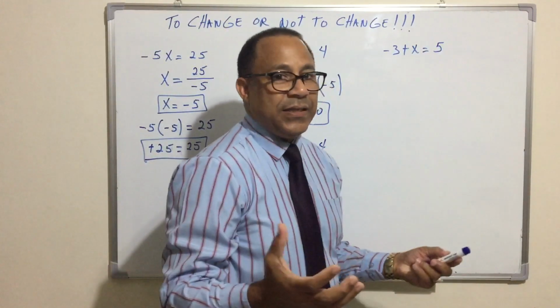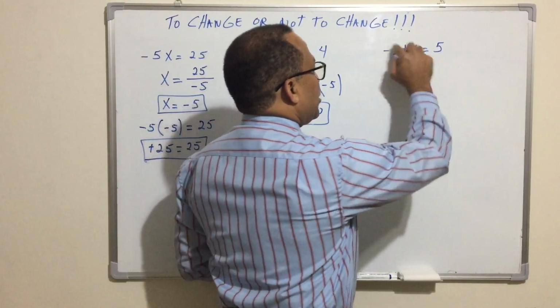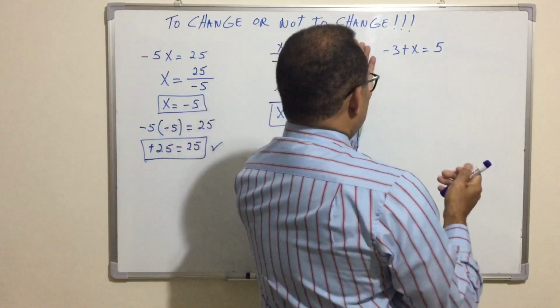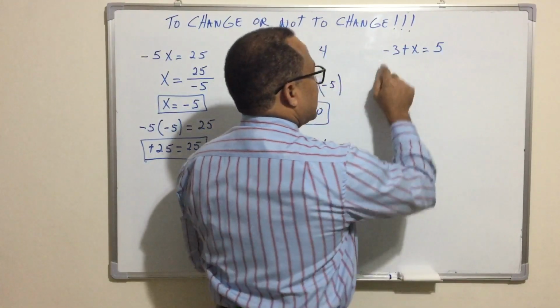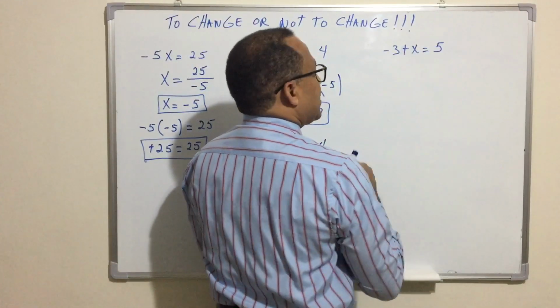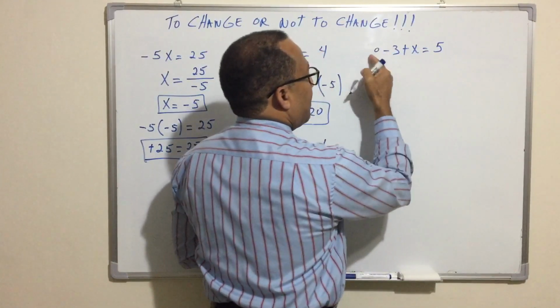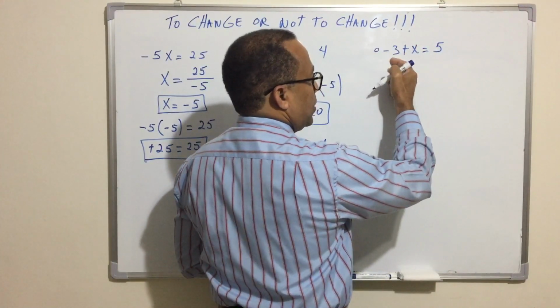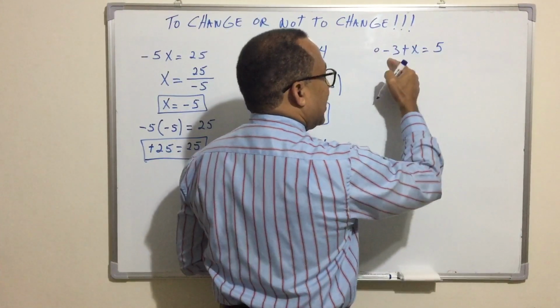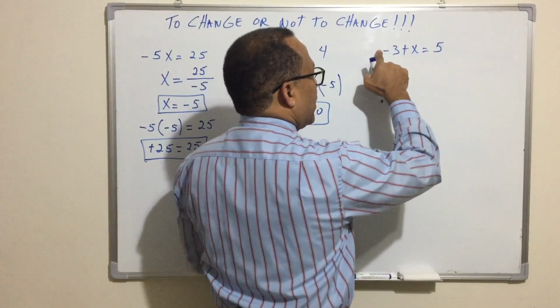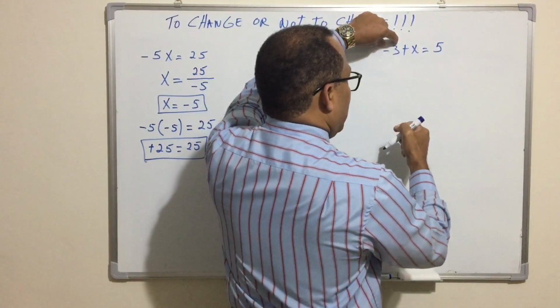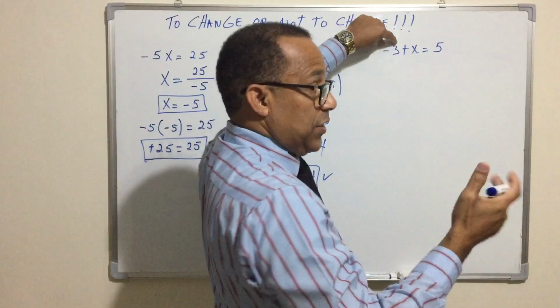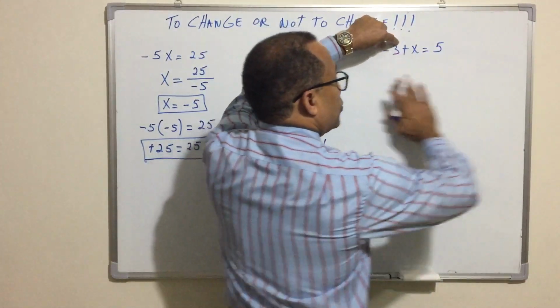About this one, a very simple one. You may ask, what's the operation here? Here it says negative 3, which is the same as 0 minus 3. The operation here is a subtraction. It is subtracting. It has a negative sign. And that's why you move the negative 3, which is subtracting, and it goes adding.